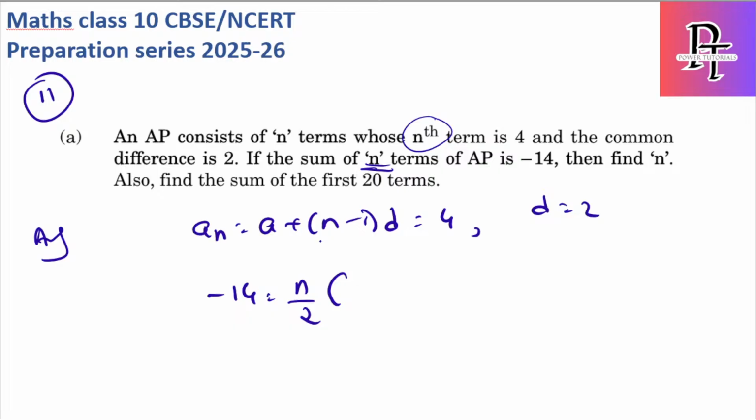The nth term is 4, the common difference is 2. So we have to use both the relations, where you have two unknowns, which are a and n, and then solve this question.